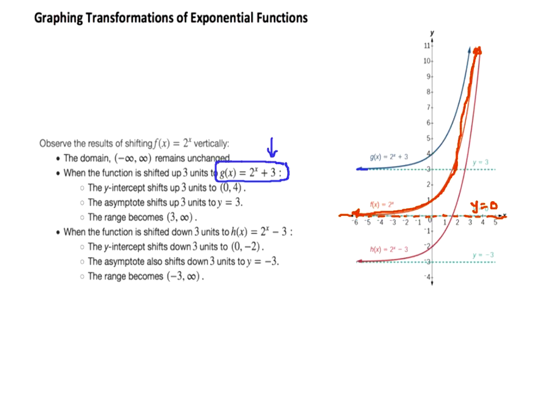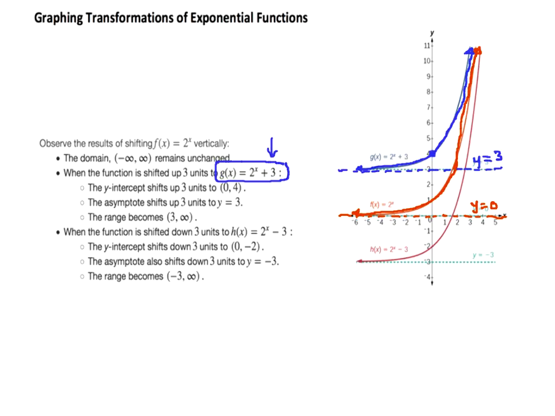So instead of going through the point 0, 1, I add 3 to that and go through 0, 4. I also add 3 to my horizontal asymptote. My horizontal asymptote is now y equals 3.